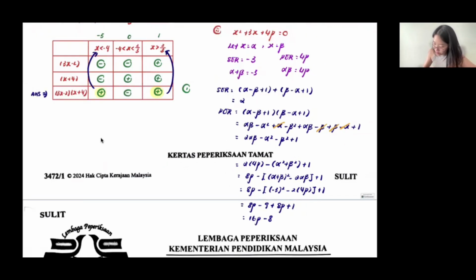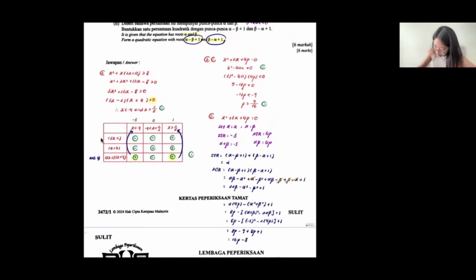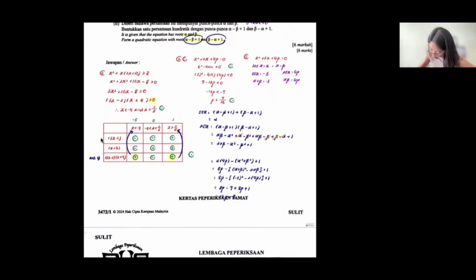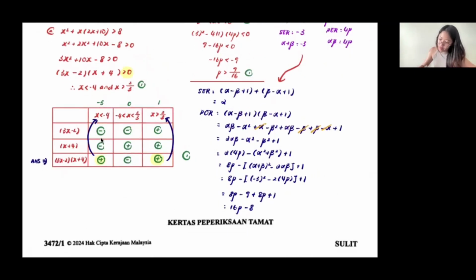POR. We are not finished yet. Let me just shrink this a bit. SOR, POR. Okay, this is continued. Then we need to form an equation, correct or not? What's the formula?